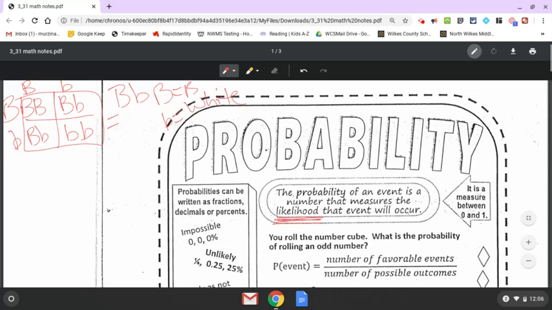Okay, so the first one, if we look, and remember, when we do the cross of the big B, we get a homozygous dominant trait. That means that this is going to be homozygous dominant for brown fur.